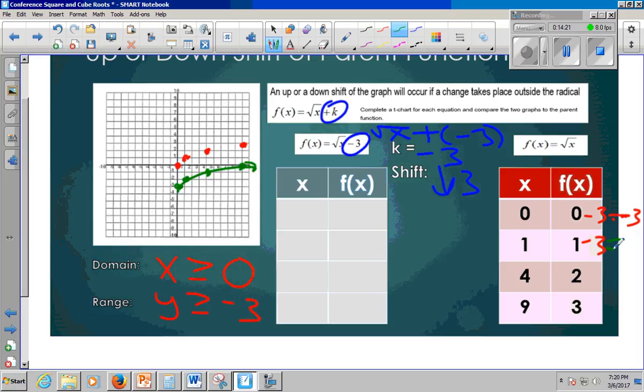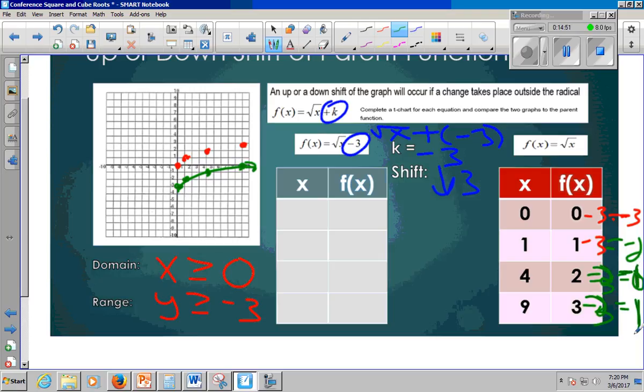Again, we kind of continue over here calculating. Sorry, these are minus 3. So 2 minus 3 is negative 1.